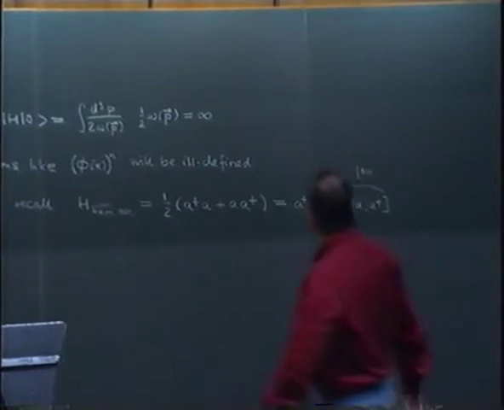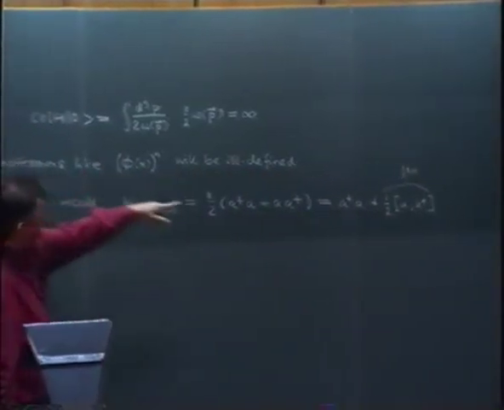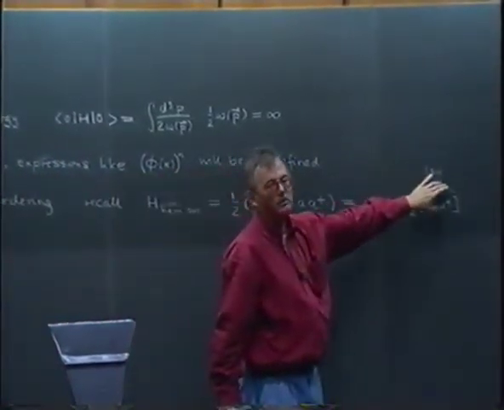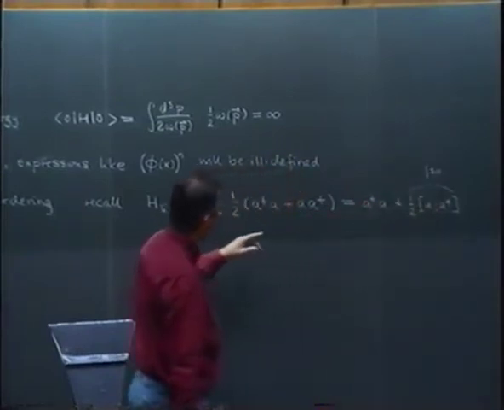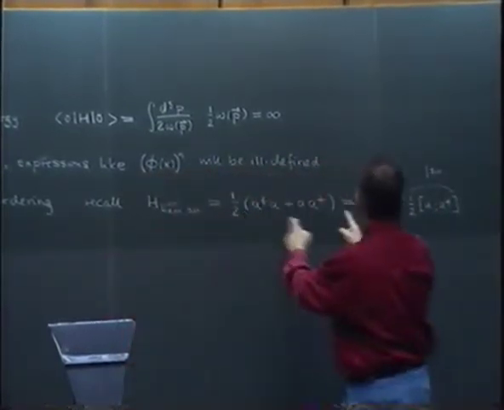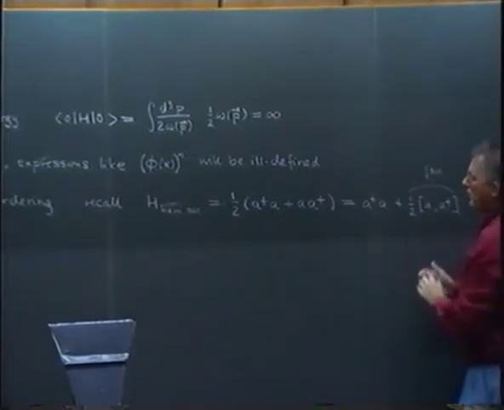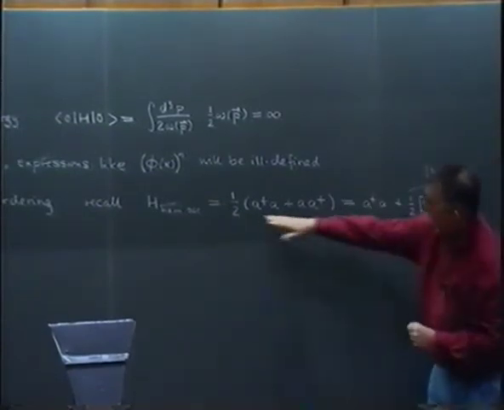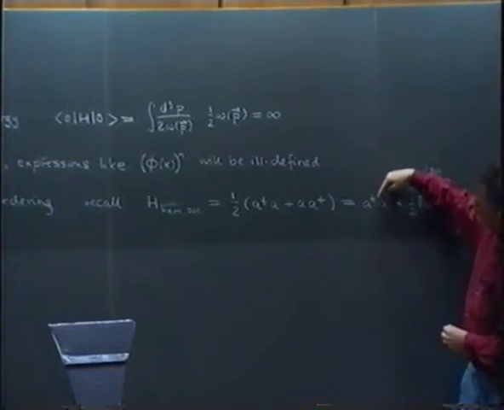So dropping this contribution, an infinite number of these contributions, is the same as replacing this expression by this expression, and this expression differs from this one by the fact that all the creation operators have been moved to the left.